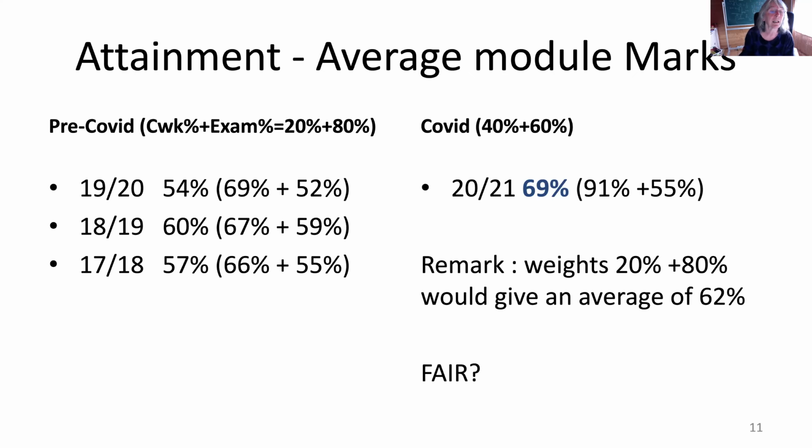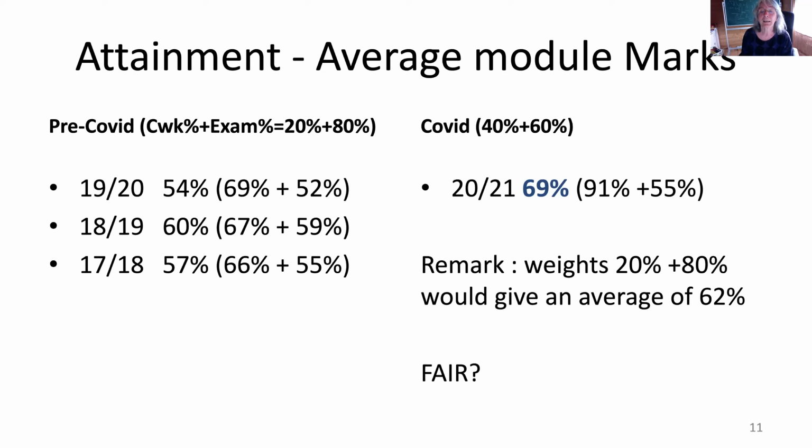In 2019-20 the average for the module was 54. Before that it was 60 and 57. Maybe this slightly lower 54 was the year when there was the UCU strike, I was on strike, so that probably influenced the students' learning.